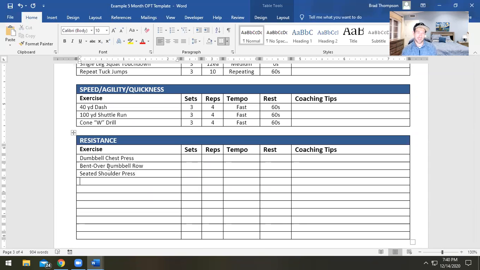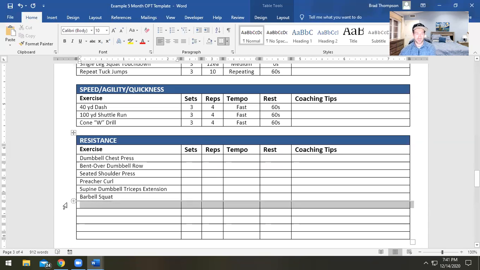Let's go with seated preacher curl, which is the only way to do a preacher curl, so it's just preacher curl. Let's do a skull crusher. I get NASM speak. Supine dumbbell triceps extension, and then legs, barbell squat.